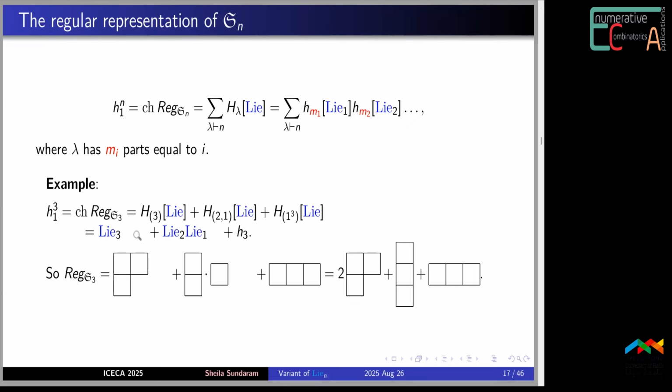Lie3, we saw, I think, way in the beginning, was the irreducible indexed by the partition 2, 1. And then Lie2 was the sign representation. So that's 1, 1, this partition, times Lie1, which is just 1. And then H3 is the trivial representation. So if you multiply this out, you get exactly what you expect for the regular representation of S3.